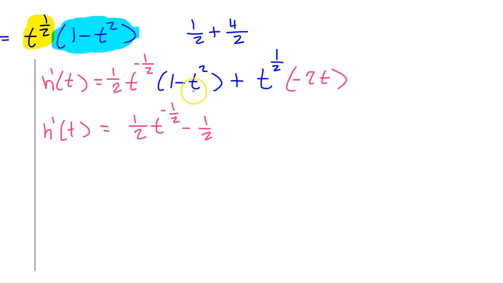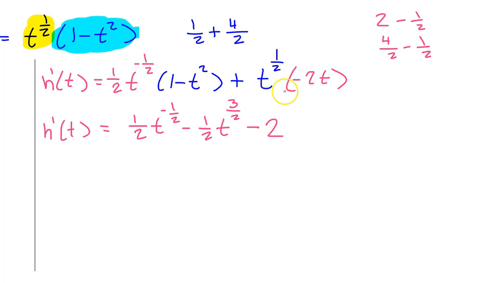When you multiply with like bases, you add the exponents. So the question is, what is 2 minus 1/2? All right, I'm adding these together. Well, this is the same as 4 over 2 minus 1/2. So that's 3 over 2. So we have t to the 3/2 power. And then over here, I'm going to go ahead and put this minus in the front.